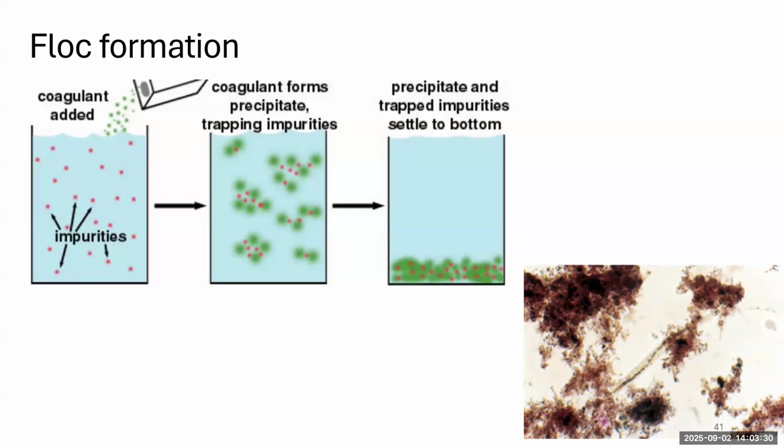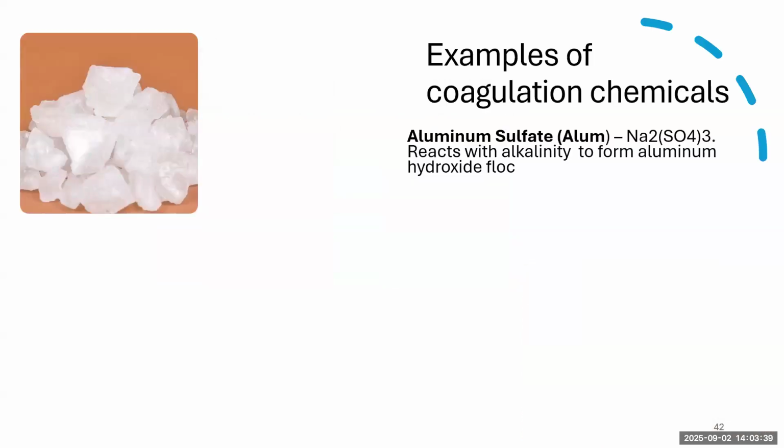So when we are adding coagulants, we're allowing the impurities, the negatively charged particles, and the positively charged coagulants to flock together. And this is a little image of what the floc might actually look like as it's forming. I'll give you some examples here of some common coagulants that we use. One of the most common is alum. The Egyptians 3,000 years ago actually used alum, or a form of alum.